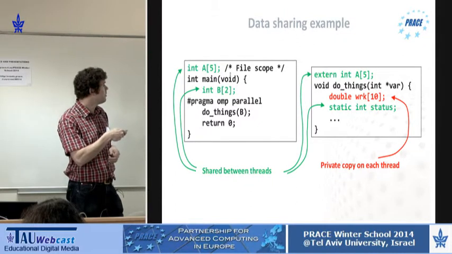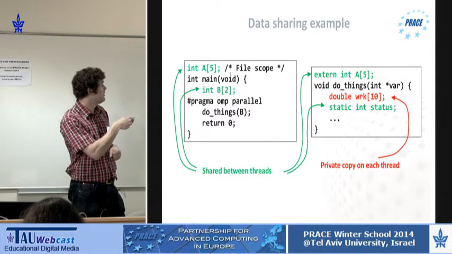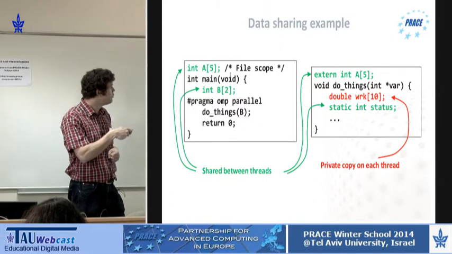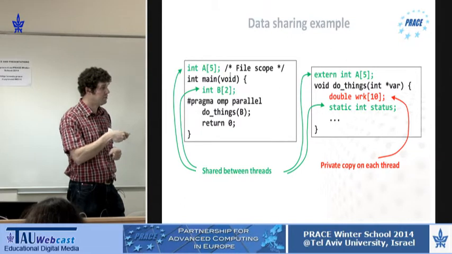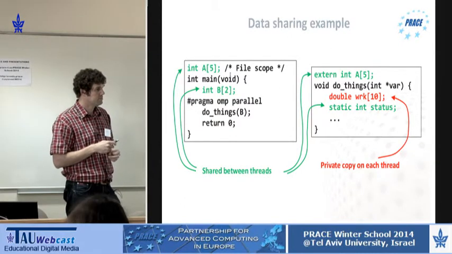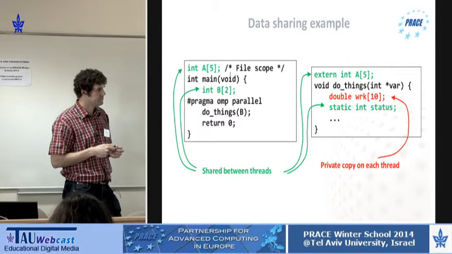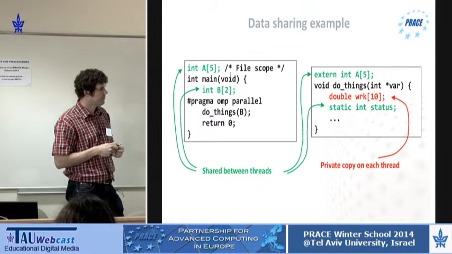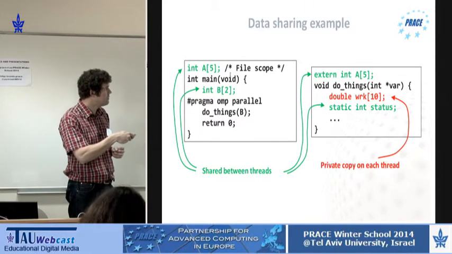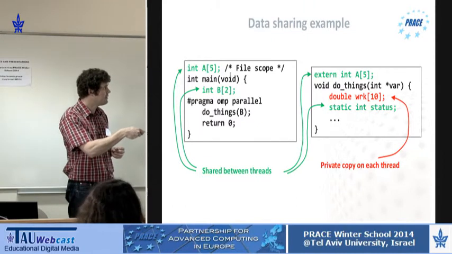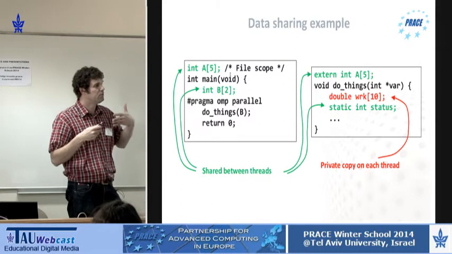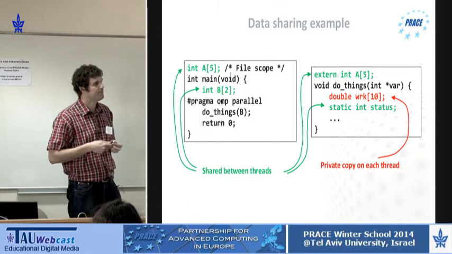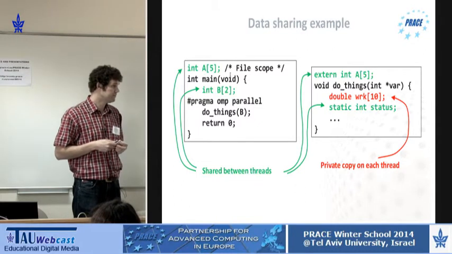One could have here OpenMP parallel and then private and, for example, A. And after that, the variable would be made private to each thread within this region. And if one would be modifying the array within these, it would be local to the thread. So other threads wouldn't be modifying the values of other threads.